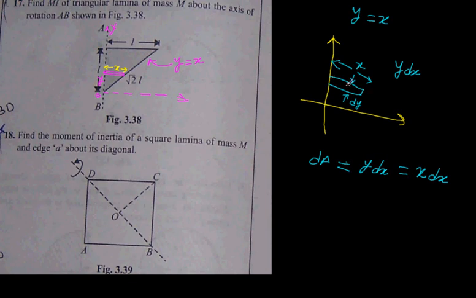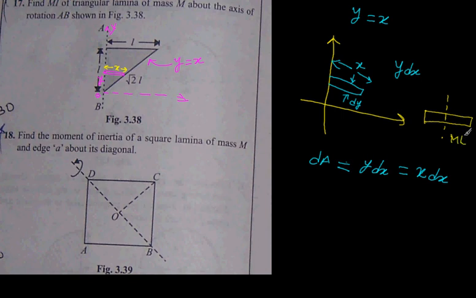The moment of inertia of any rectangle is ml square by 12. If you have any rectangle, then the moment of inertia along this axis will be ml square by 12.